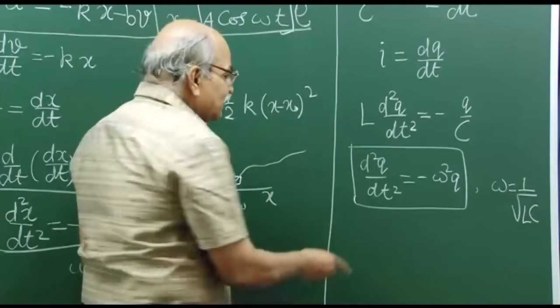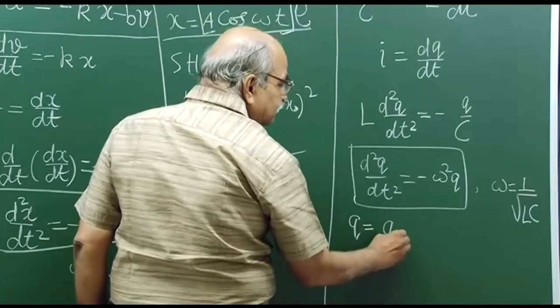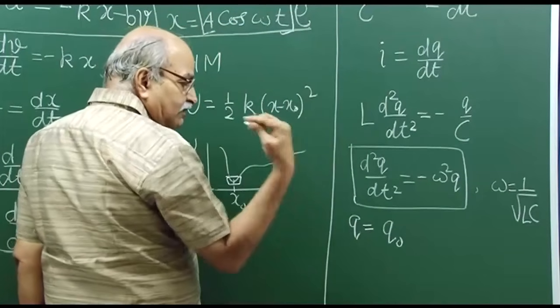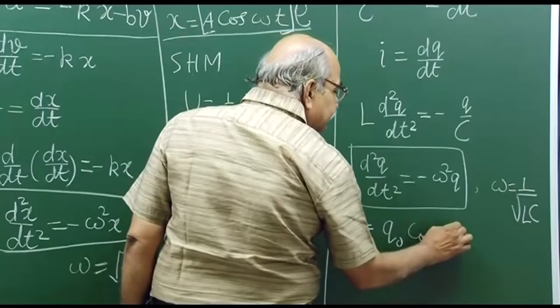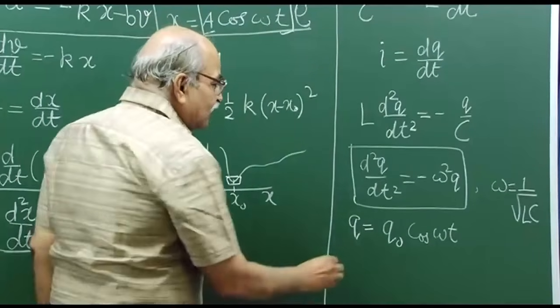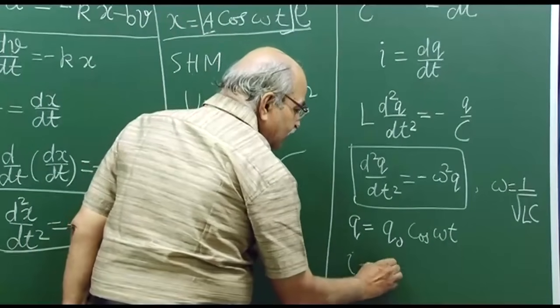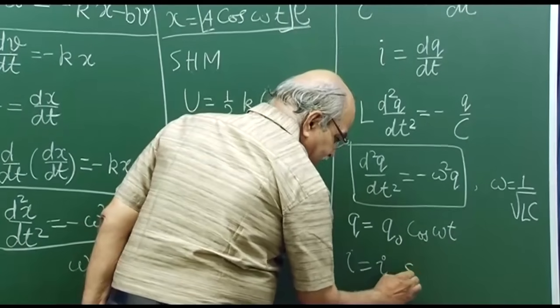That oscillation will again be given by q equal to some q naught, the maximum initial charge that you have given, times cos omega t. And similarly the current will oscillate, I equal to I naught and then some sin omega t or like that.